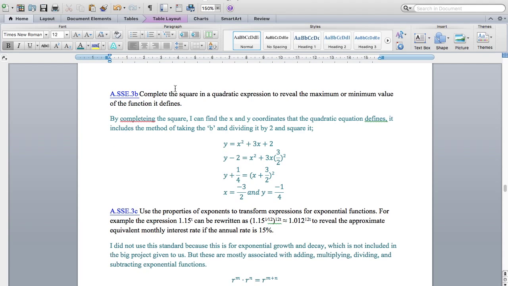And for this standard, I had to use the skill completing the square to find the maximum or minimum value of the function it defines.